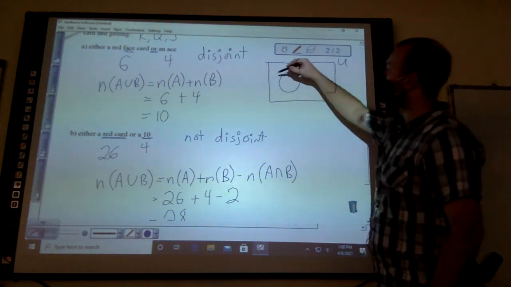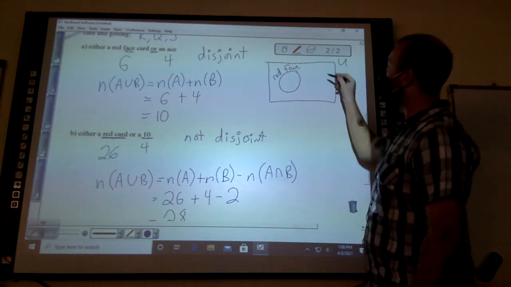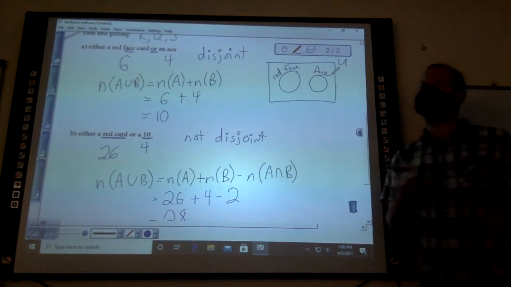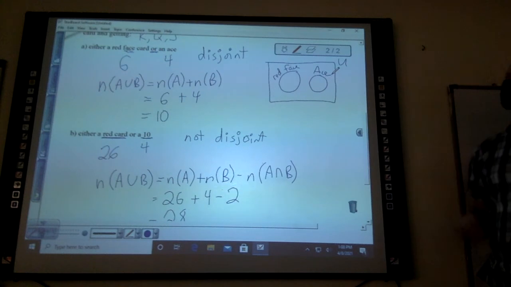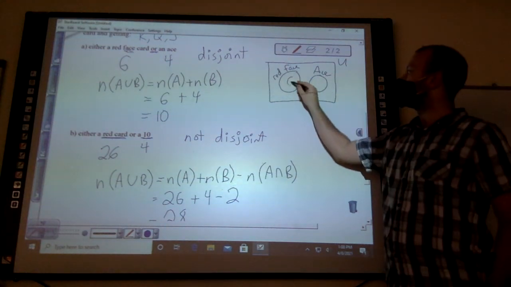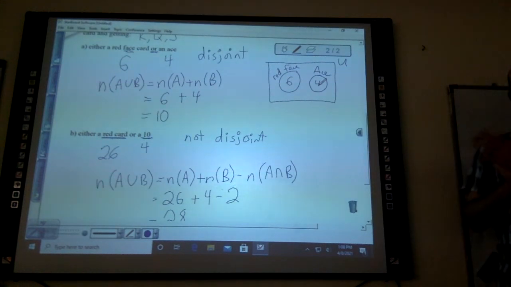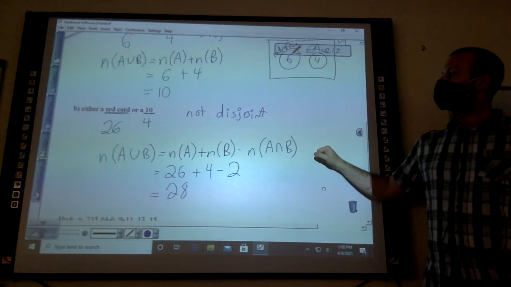Red face cards and the aces. And these 2 are disjoint. There is nothing that's a red face and an ace. So in here I've got 6, in here I've got 4. That's the number of elements. Not what the elements are, it's just the number of elements.